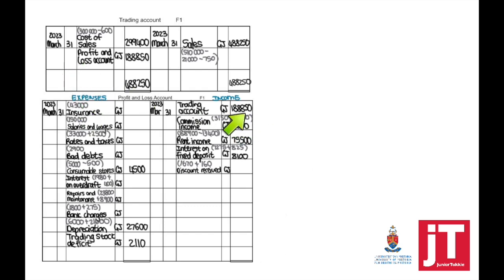For every debit, there's a credit. Now I'm going to close the rest of the brackets by just adding. If there was no adjustment, we simply close the bracket, and that will be the same amount that will appear as your final figure. Once we are done with this, we can now calculate, did the business make a profit or did the business make a loss?